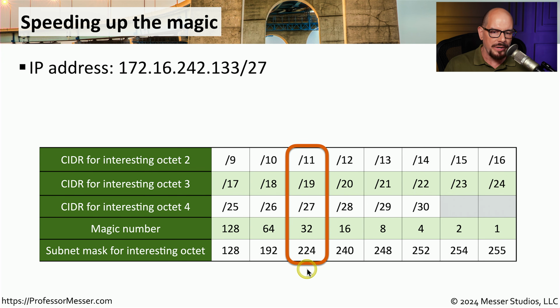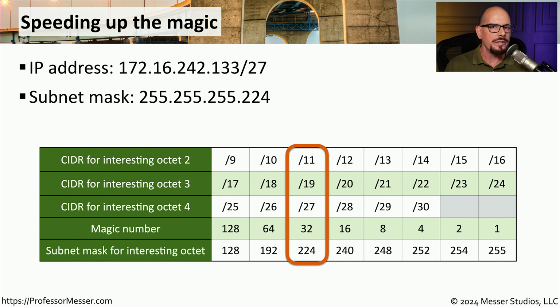If we look at our predefined chart, we know that /27 falls into the CIDR block notation for interesting octet 4. This means that octet 4 will have a decimal value of 224. So if we wanted to write out the entire subnet mask, it would be 255.255.255.224, because 224 is in that interesting octet number 4.